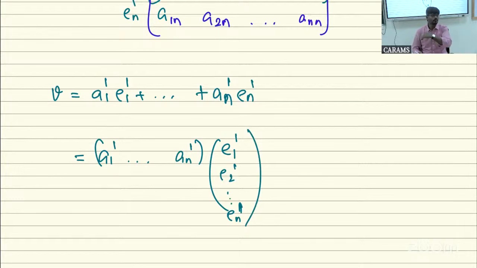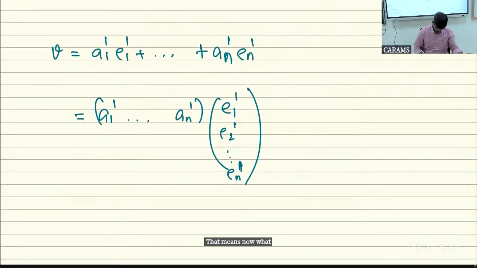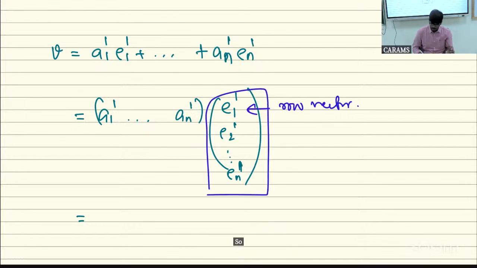Writing it in a matrix format now. So this is actually equal to a row vector. I'm writing it as a row vector. Now I know how to write these row vectors.